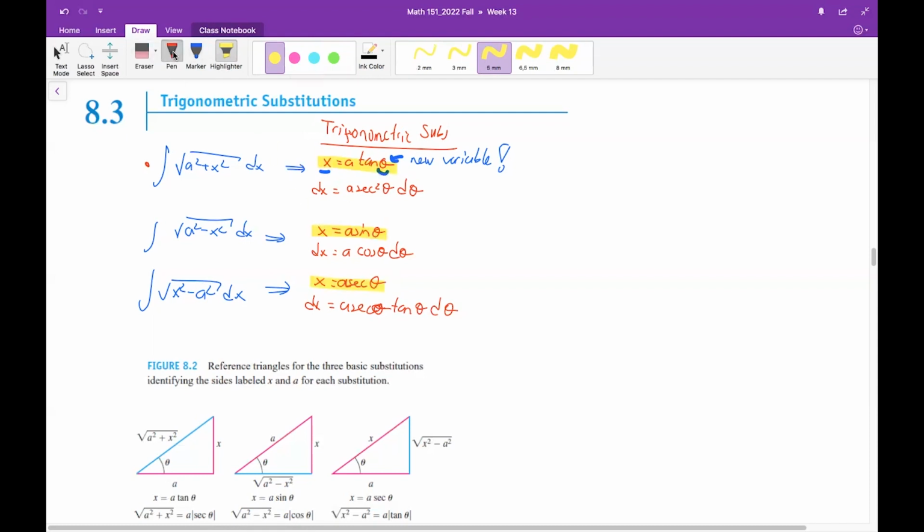You use them if you have integrals of this type. And here, you don't need to have this structure just on the denominator like this. You may also have it in the numerator, for example, a squared plus x squared, or you may have other powers of this square root, for example, dx over a squared minus x squared to the 3 over 2.